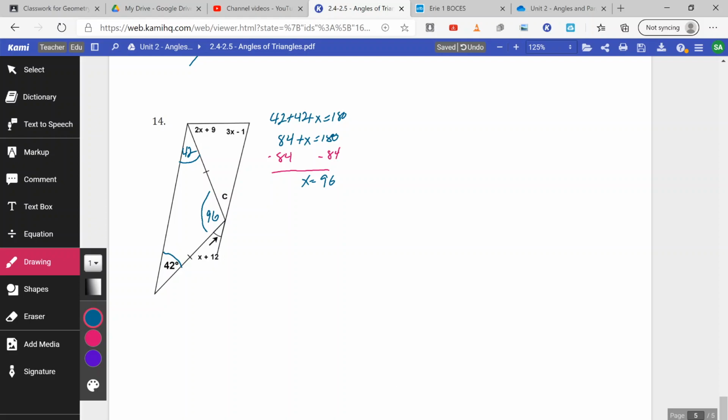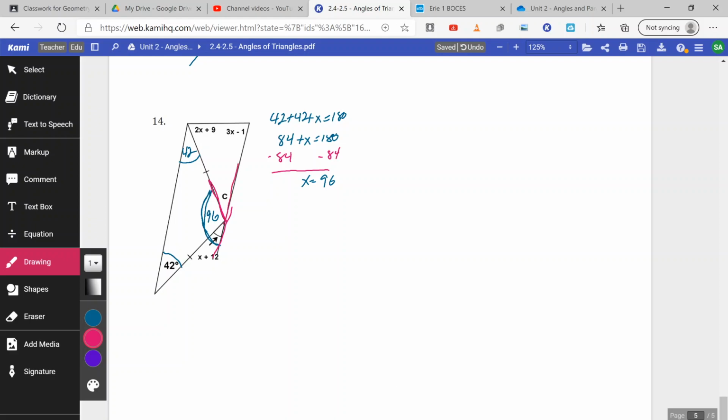Now, in order to figure out what c is equal to, we are going to use the exterior angle theorem. So this angle here, the outside, so again, if I take a look at the exterior angle here, I'm going to follow the line.